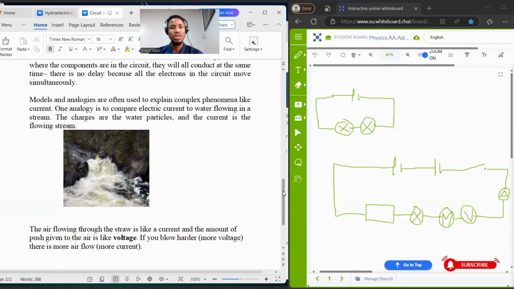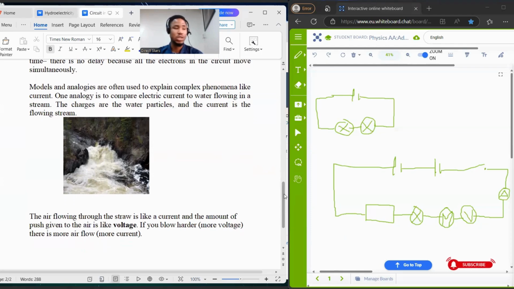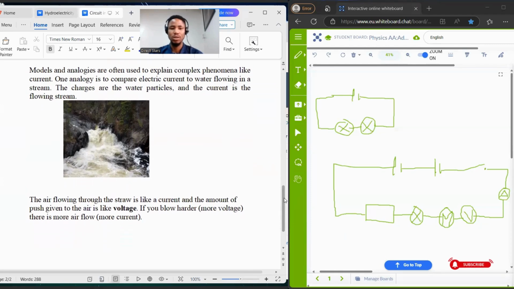Now we can use another analogy to explain voltage, resistance, and current. Think of a straw. The air flowing through this straw is what we call current. But your own force pushing this air is what we call voltage, while the straw itself is what we call the circuit.